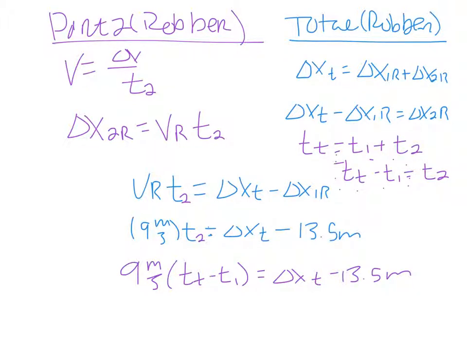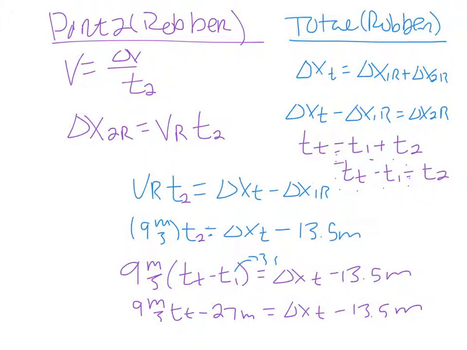We know that t1 was 3 seconds, so 9 meters per second t total, minus 9 times 3 is 27 meters, equals delta x total minus 13.5 meters.